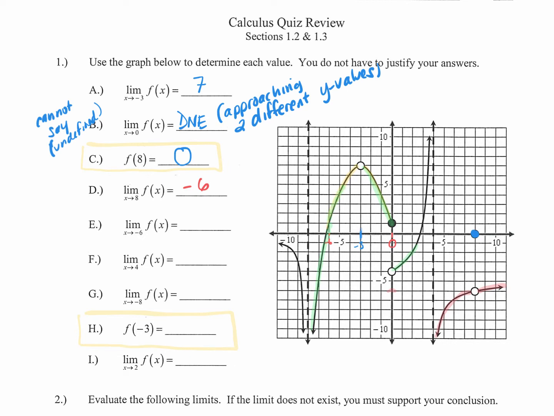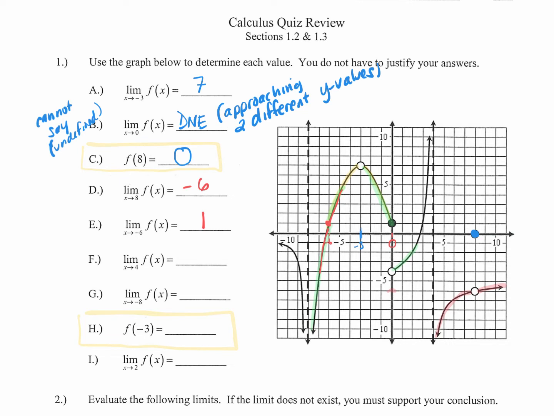Come in from the right, and we're right there at this point from both the left and the right. So that limit would be equal to +1. Right, so from the left, as we get closer in here, y is approaching +1. As we come in from the right, y is also approaching +1. Okay, on to the next one.